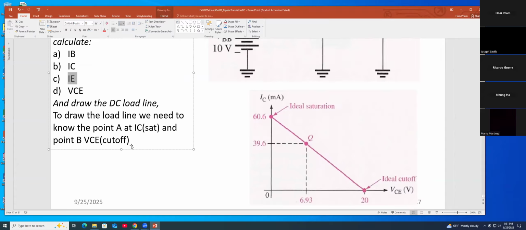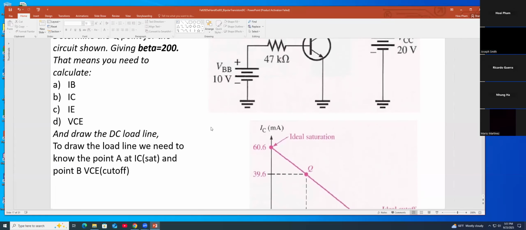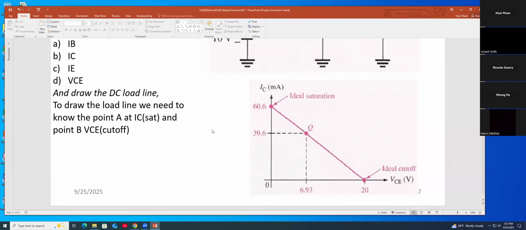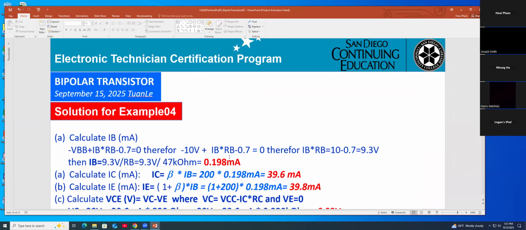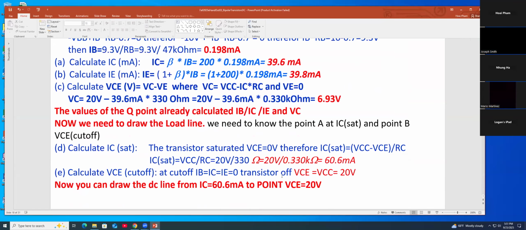So let's see. Okay, so you can try. They calculated it for you here. You need to read it.